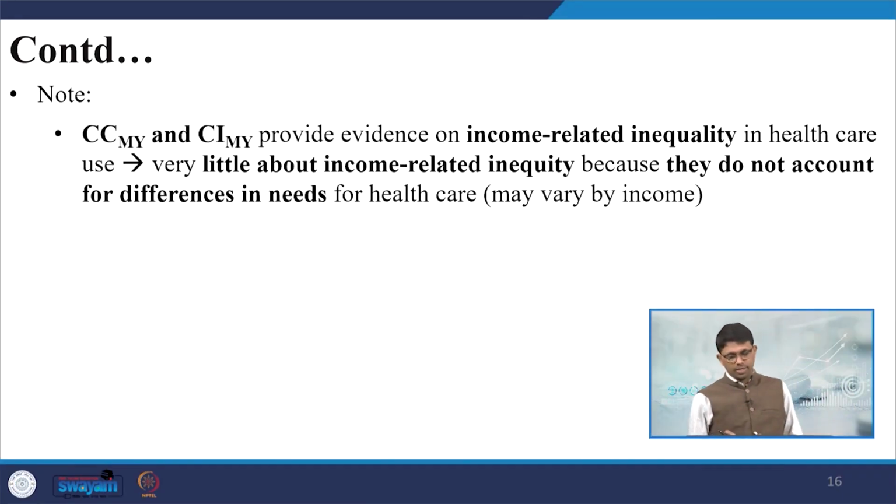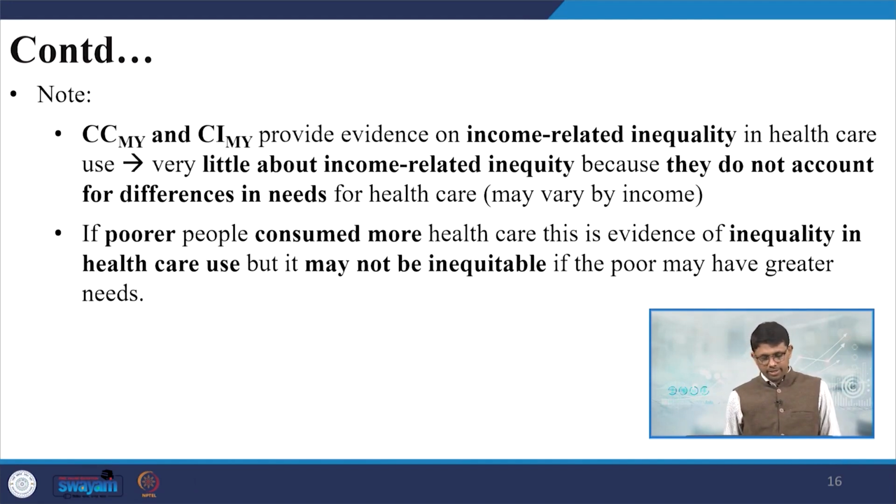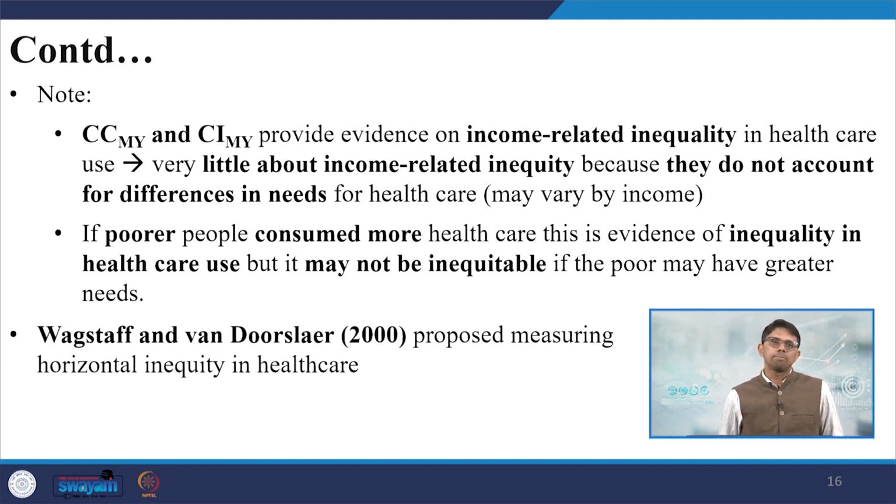We only discussed healthcare spending largely. But now when we track by income, we are supposed to calculate the index based on their different levels of income. So, if poorer people consumed more healthcare, this is evidence of inequality in healthcare use, but it may not be inequitable if the poor have greater needs.